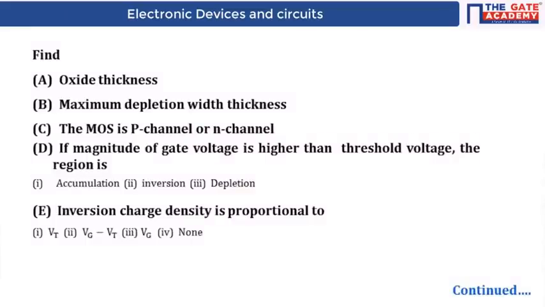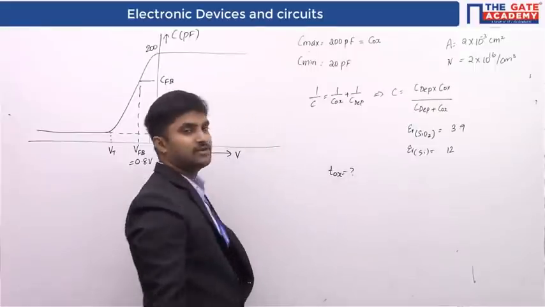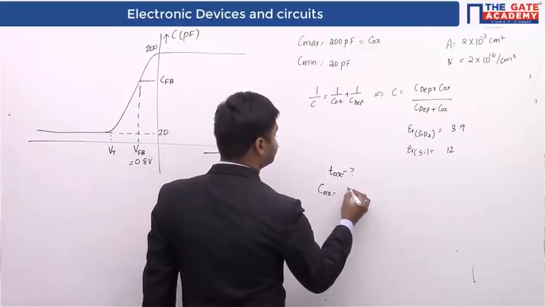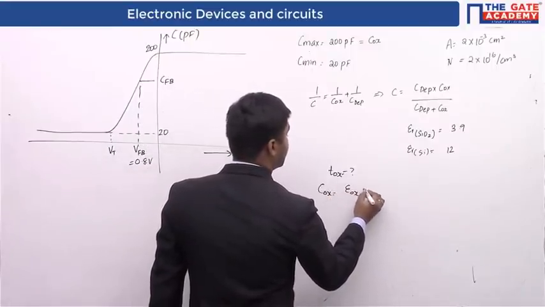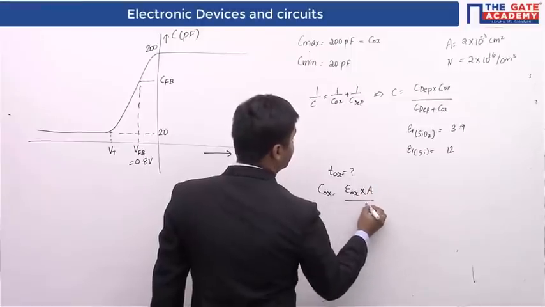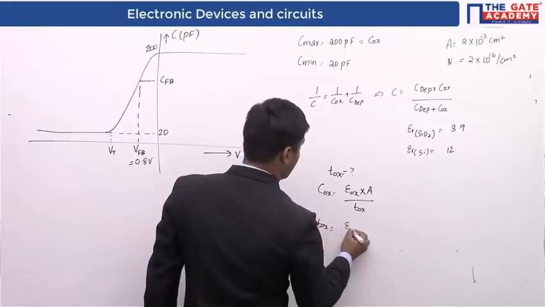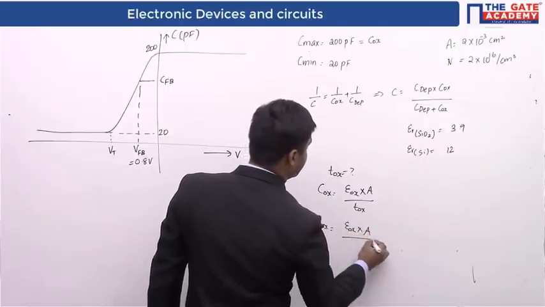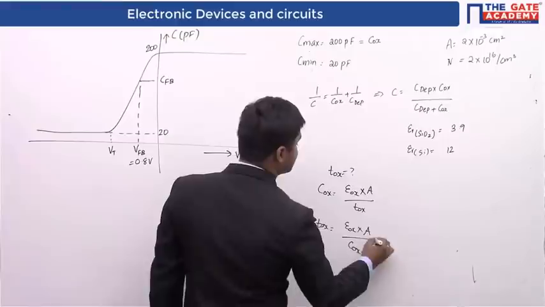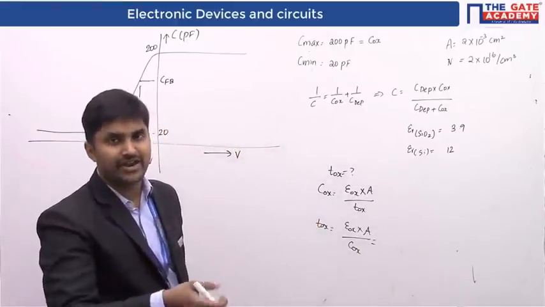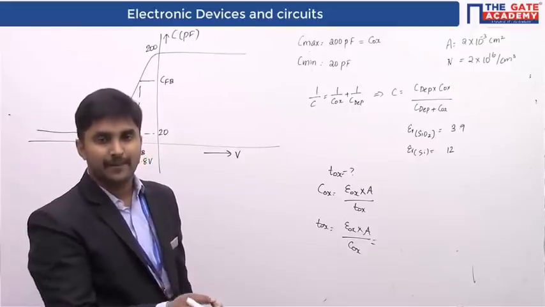First, we are going to find out the oxide capacitance. Oxide capacitance is given by epsilon OX multiplied by A divided by TOX. So TOX is equal to epsilon OX multiplied by A divided by COX. This is the oxide capacitance in terms of farads. Sometimes COX is also given in farad per centimeter square, meaning capacitance per unit area.